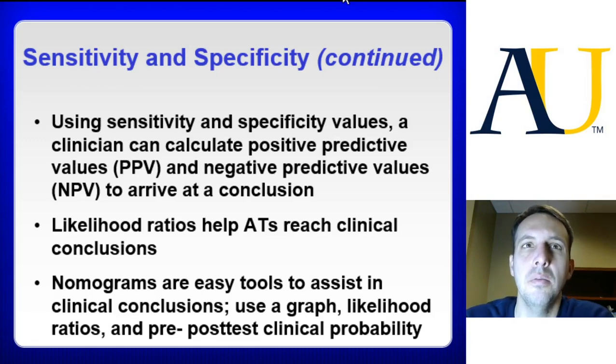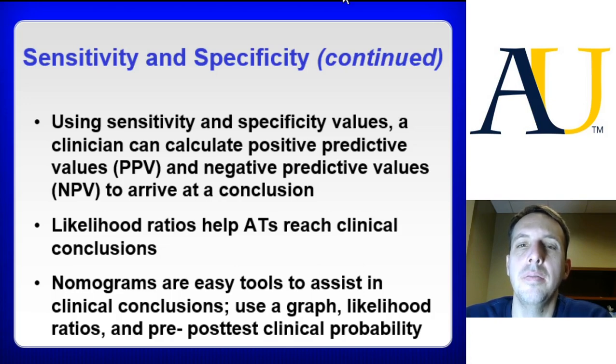And then we continue on to move that towards clinical decision making by creating a new outcome that is called positive predictive value or negative predictive value. And these are basically how much we can rely on positive tests and negative tests for this new special test.